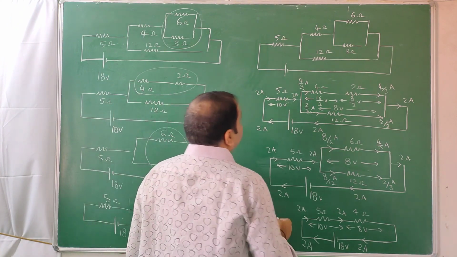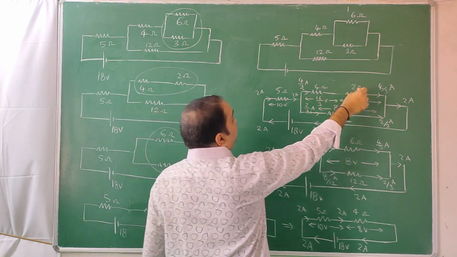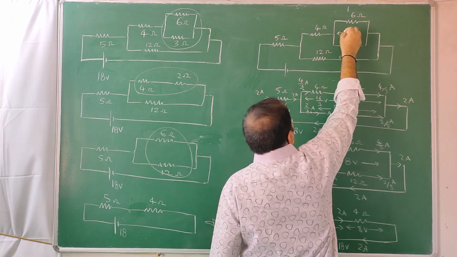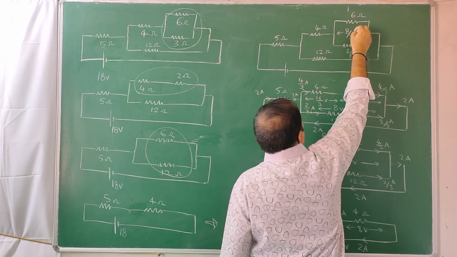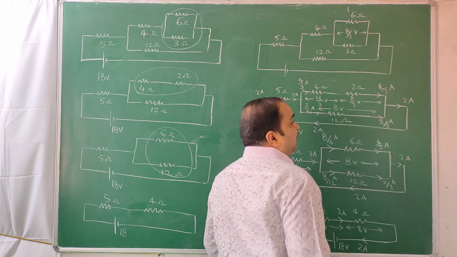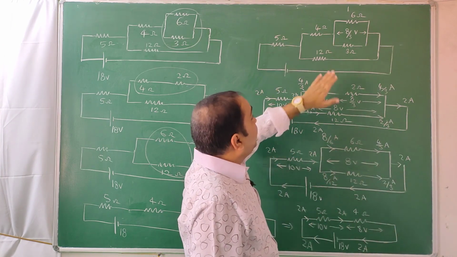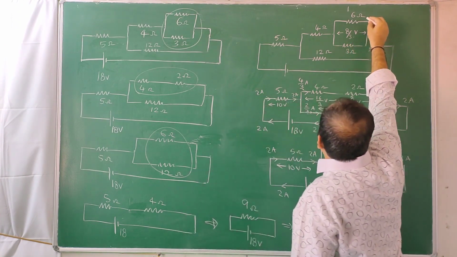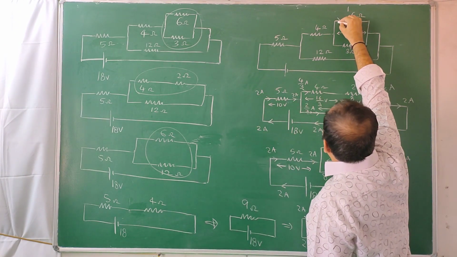Now coming back to this again, here 2 ohm, there is a division here. So here this is under 8 by 3 volts. Remaining all same. Here 10 volts, here 16 by 3 volts, like that. So 8 by 3 volts has to supply a current here and here.